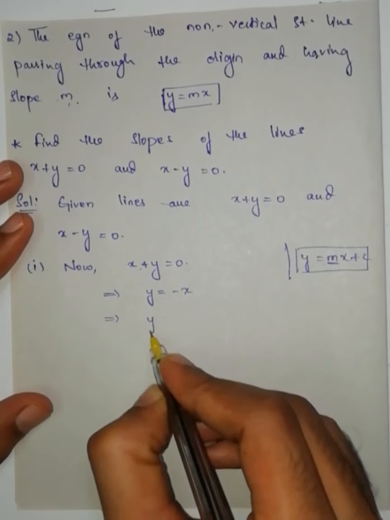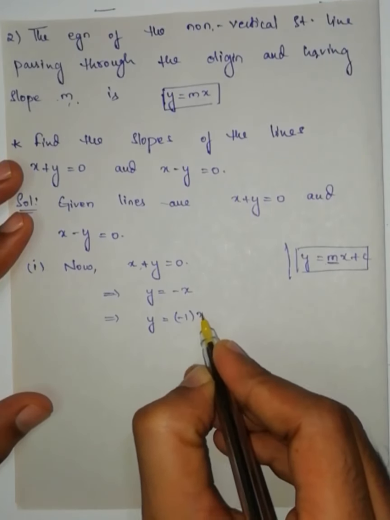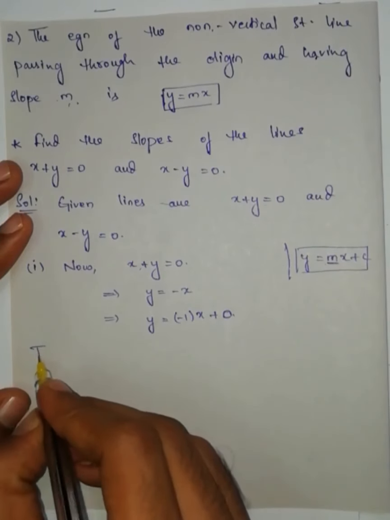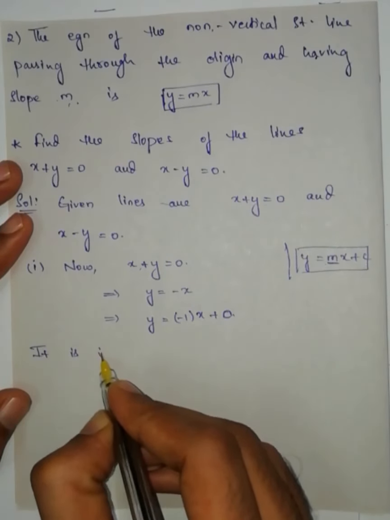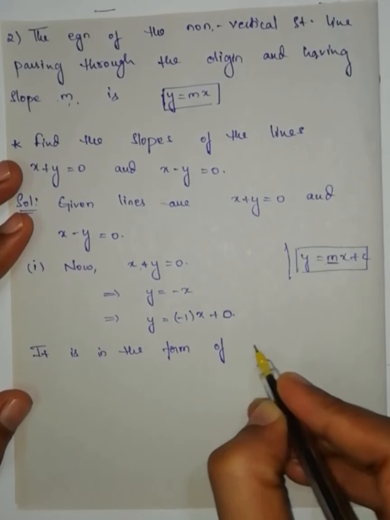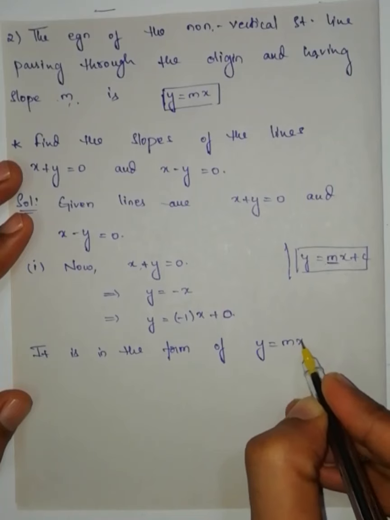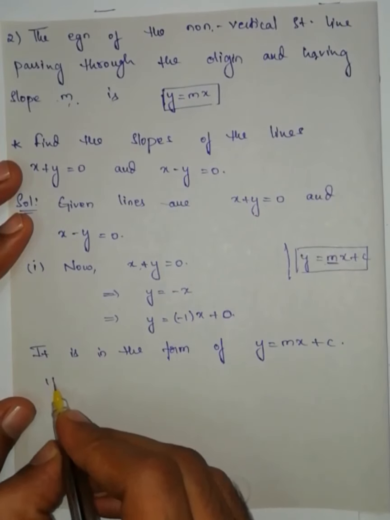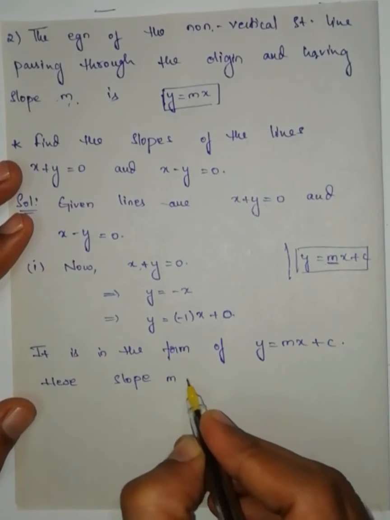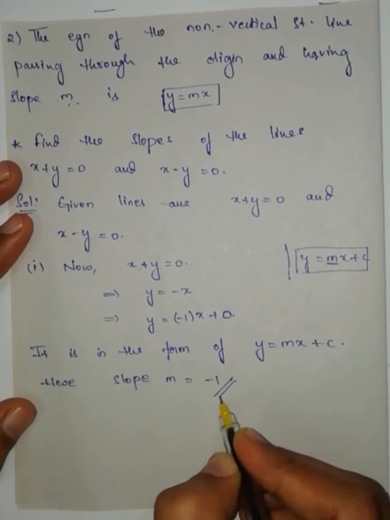This implies y is equal to minus 1 into x plus 0. C is 0. It is in the form of y is equal to mx plus c. Here slope m is equal to minus 1. That's the answer.